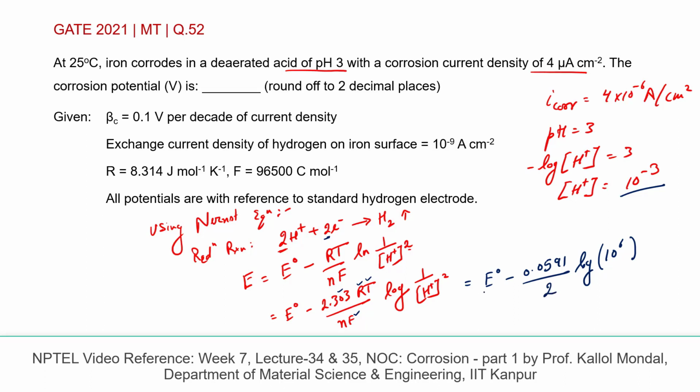Okay. Now the standard reduction potential of hydrogen is taken to be 0. Therefore, the reduction potential is going to be minus 0.177 volt. Okay, so I'm going to use this value again.